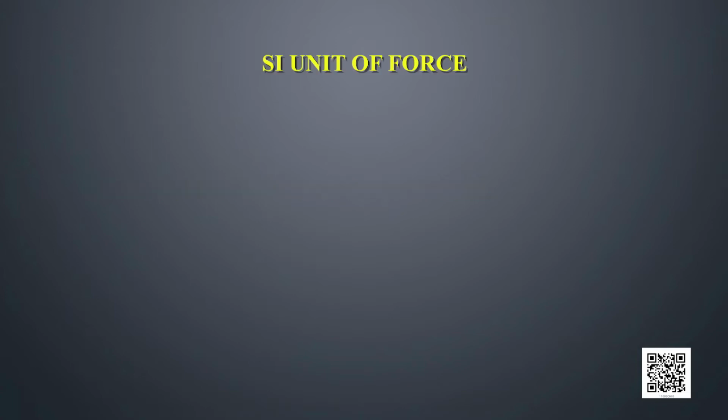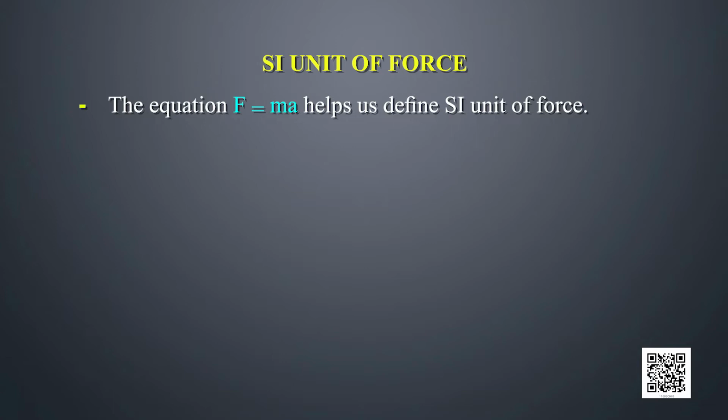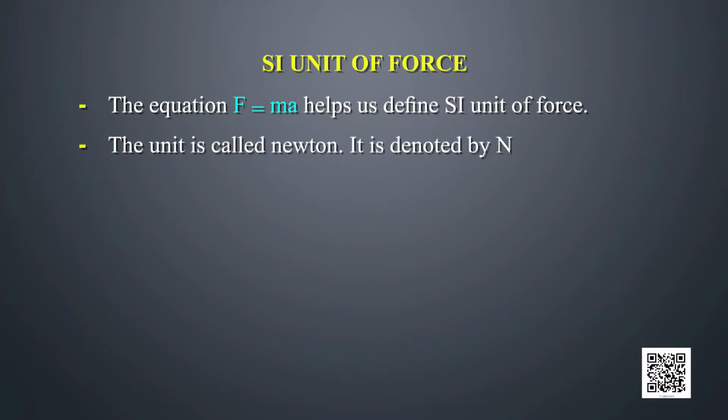SI unit of force. The equation F equal to ma helps us to define the SI unit of force. The unit is called newton. It is denoted by capital N. Here I would like to mention one thing. The name of a unit never starts with a capital letter. Capital N Newton will mean Sir Isaac Newton.